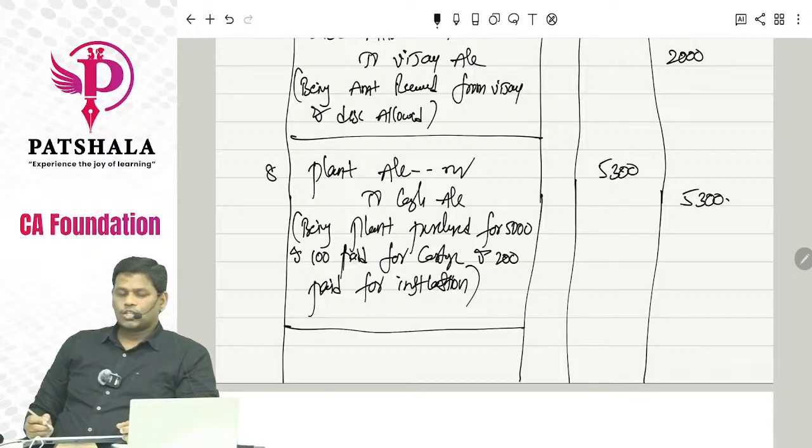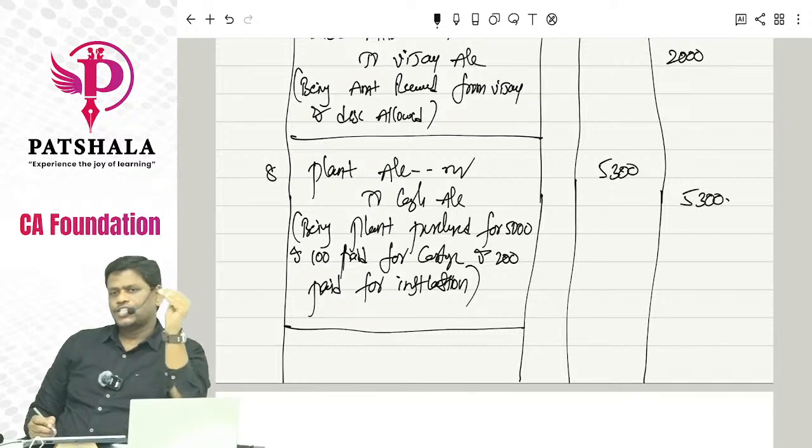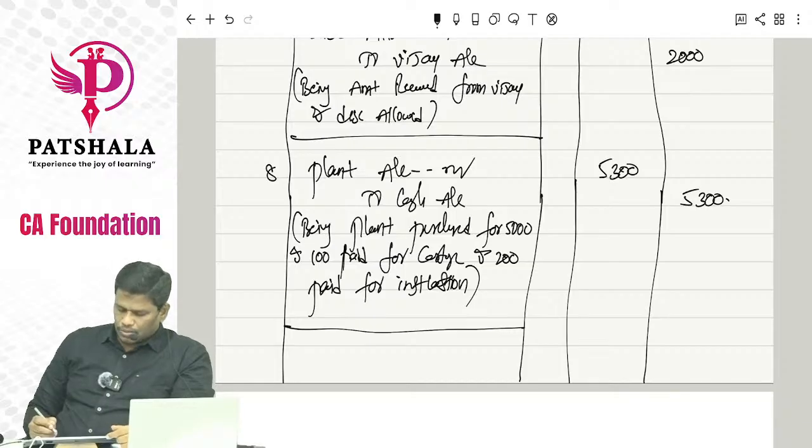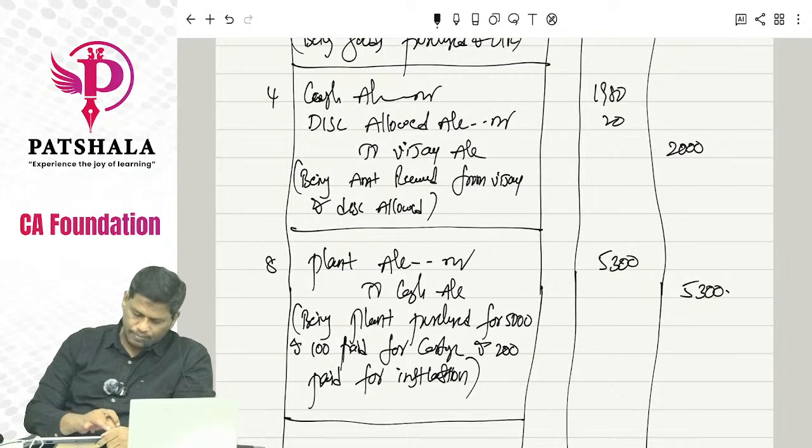You can club and write, or if you want, you can write separately as plant, cartage, installation. Nothing wrong. Total 5,300.